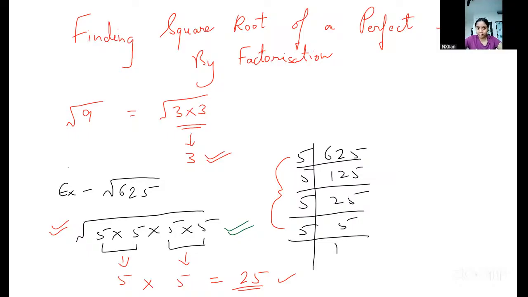They are like even pairs, two pairs are there. So I could make pairs and I could take one out. That means that when you're able to make pairs without any number left, it means that 625 is a perfect square.